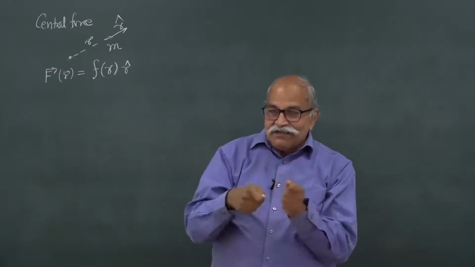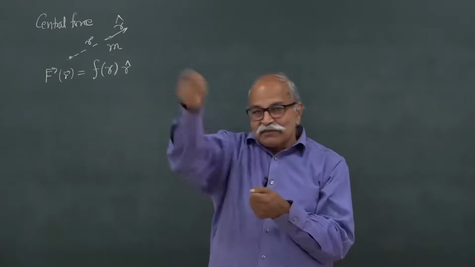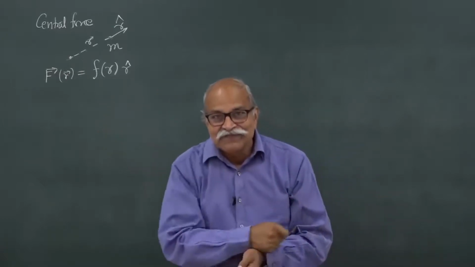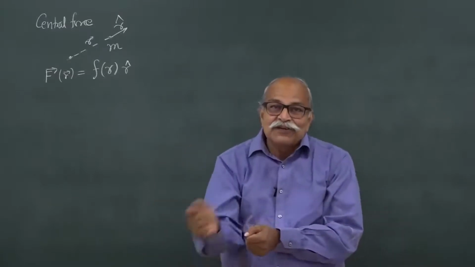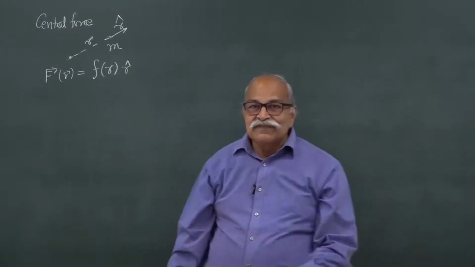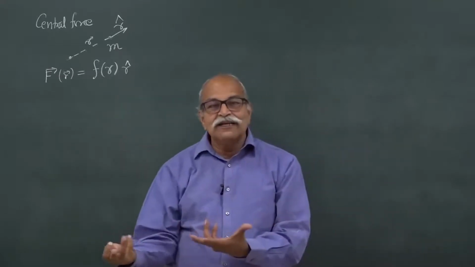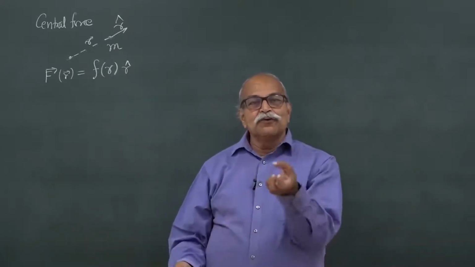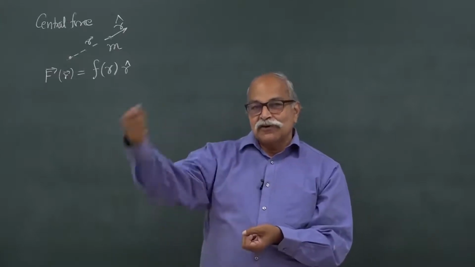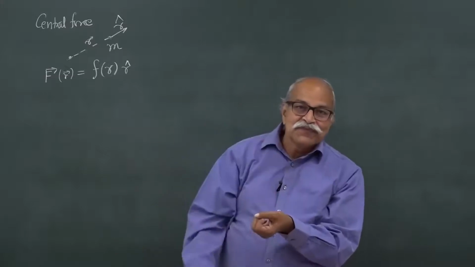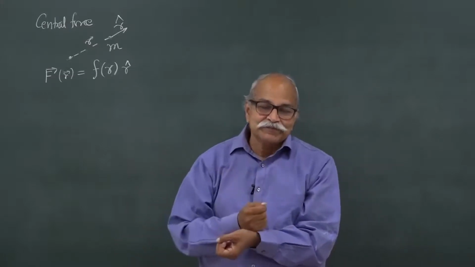The sun is given, the planet is given. So, m1, m2 is there, capital G is there. So, it is only by r square, it depends only on r, not on the direction. Or let us say Bohr's model of atom, you have a proton and you have an electron, and in that model the electron is supposed to go in some circular path.